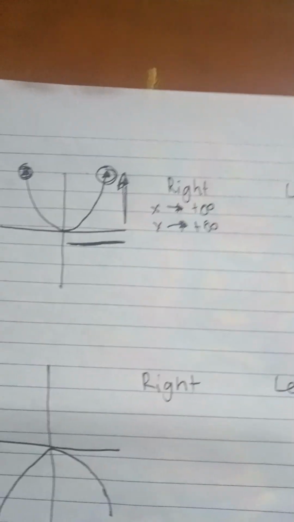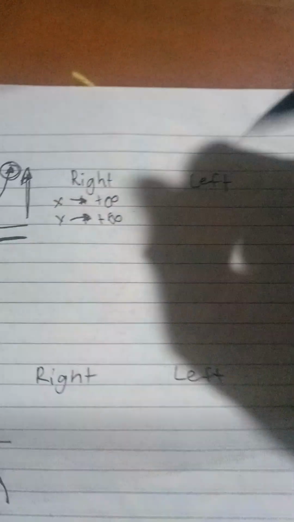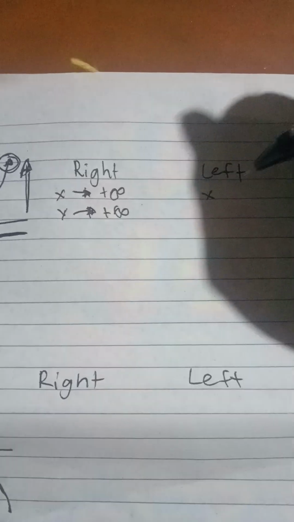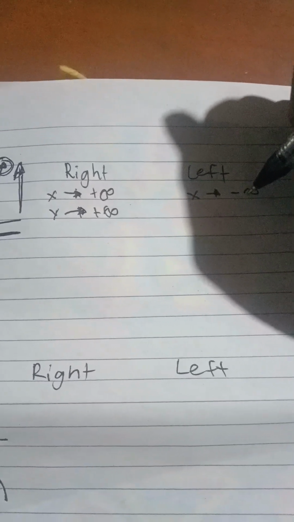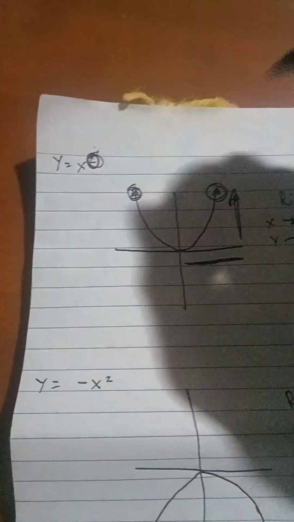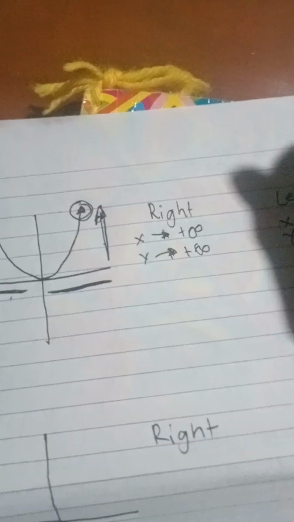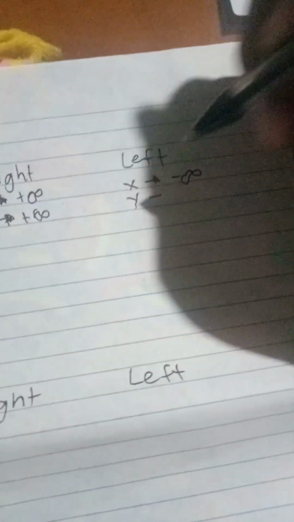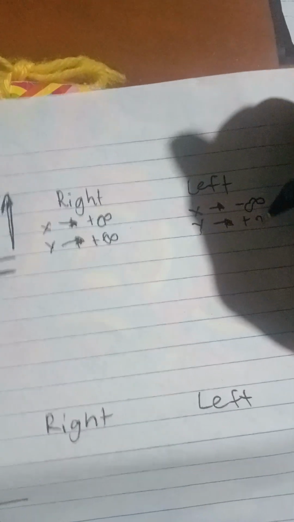On the left side, as x is moving to negative infinity, our y is also increasing, just like here. So our y is moving to positive infinity.